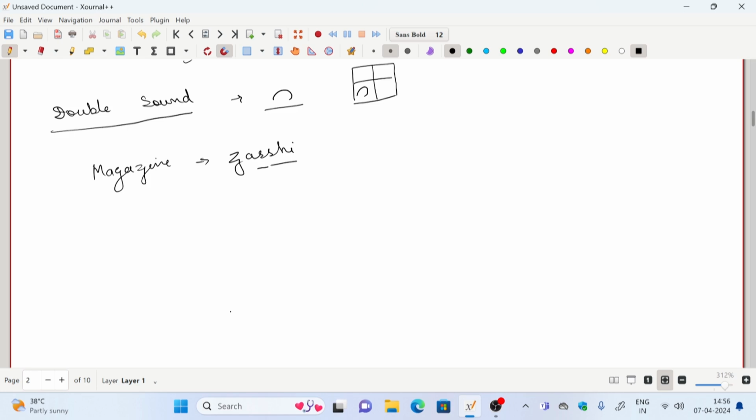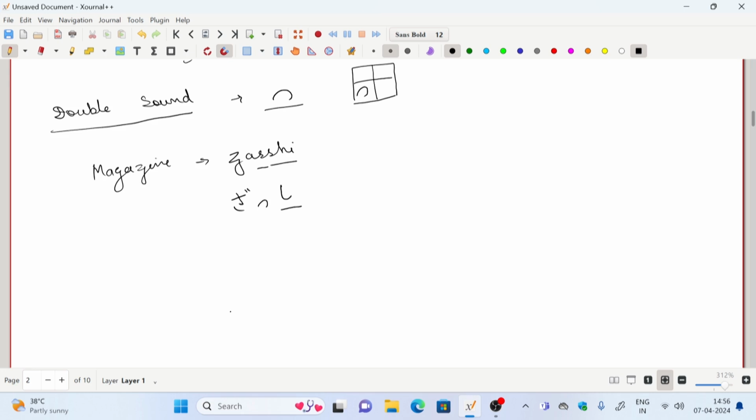First we will write za. So we will write sa, put ten, it will become za. Then we will put shi, and a small tsu will come before shi. So whatever sound we need to double, we'll put small tsu before it, and it will become a double sound. Zasshi is for magazine.